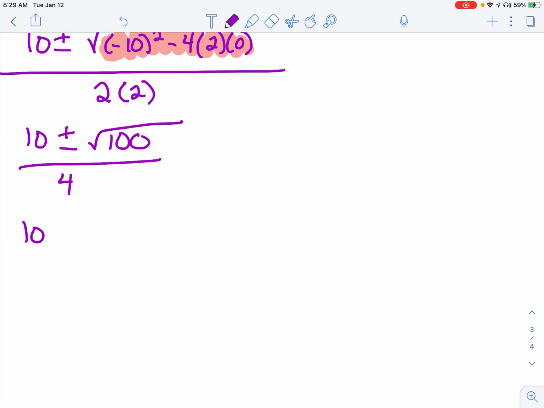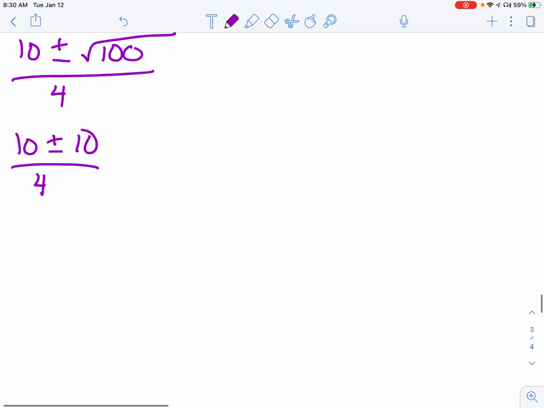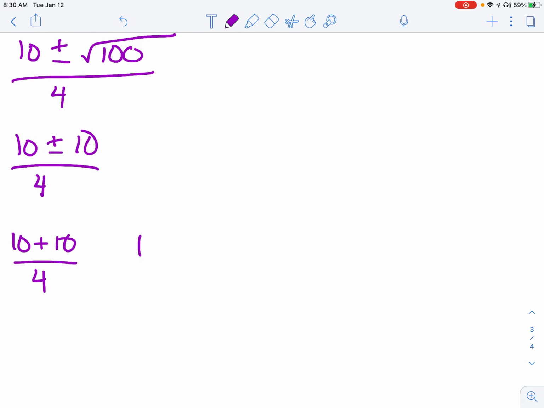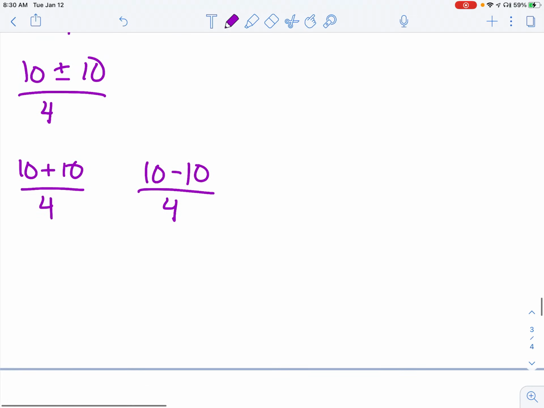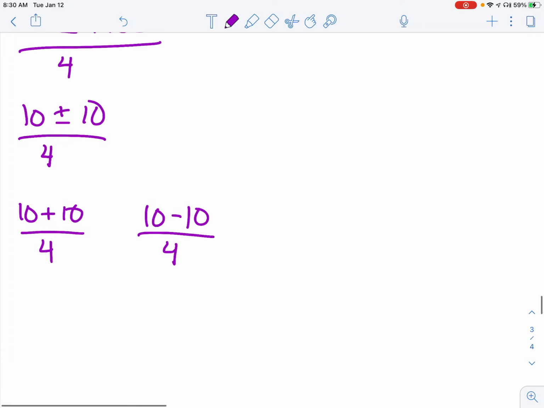And that's going to be 10 plus or minus the square root of 100, which is 10, over 4. So I'm going to do 10 plus 10 over 4 and 10 minus 10 over 4. I might be going really fast. Please feel free to slow down the video, rewind it, try it on your own, okay? Just because I go this fast doesn't mean you have to keep up with me. That's why you can hit the pause button if you need it, okay?